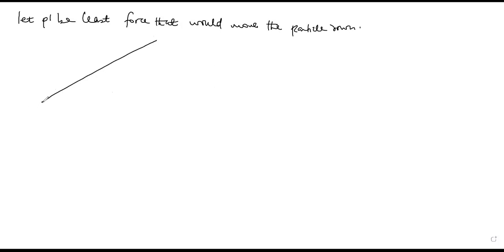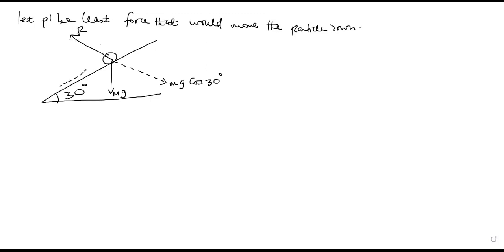now I'll be like this. The angle of inclination is 30 degrees. This is mg. This is mg cos 30. Normal reaction R. mg sin 30.